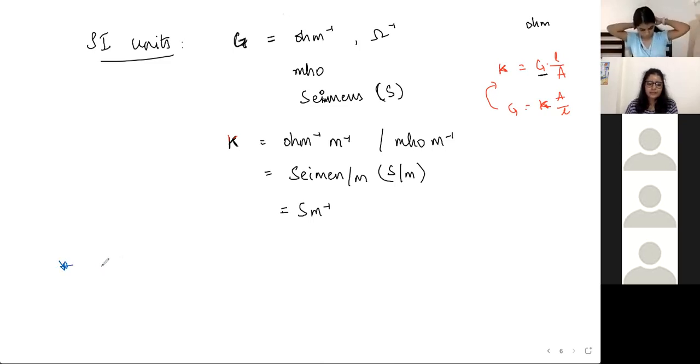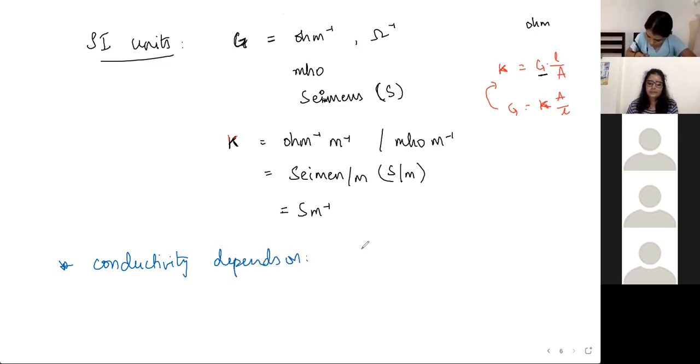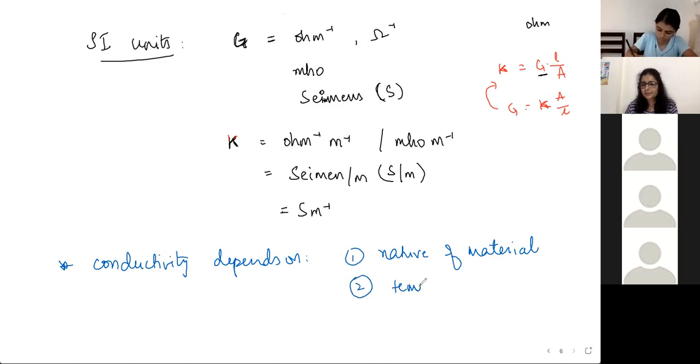So conductance or conductivity depends on, one, just like resistivity, the nature of the material. It's an inherent property of the material itself. The second, it depends on the temperature.